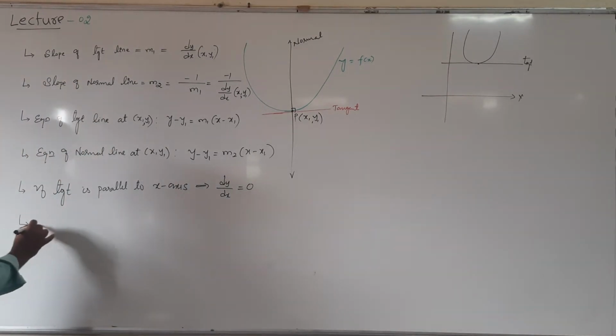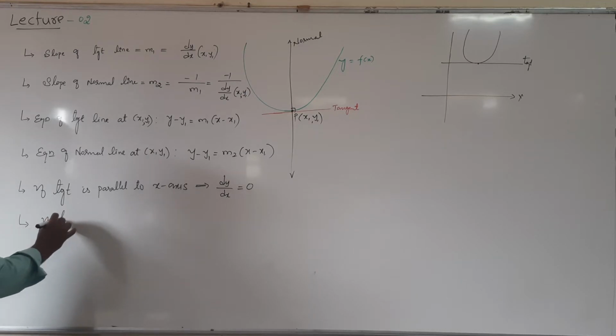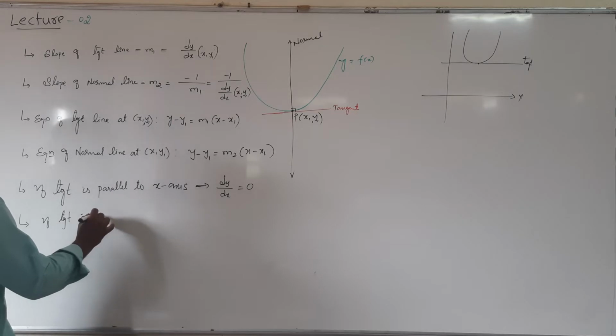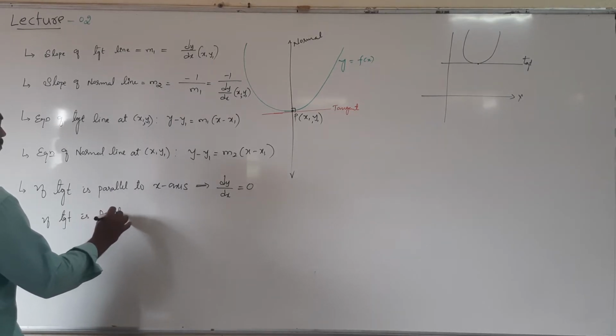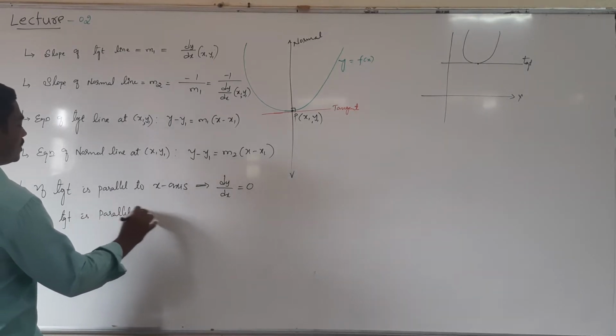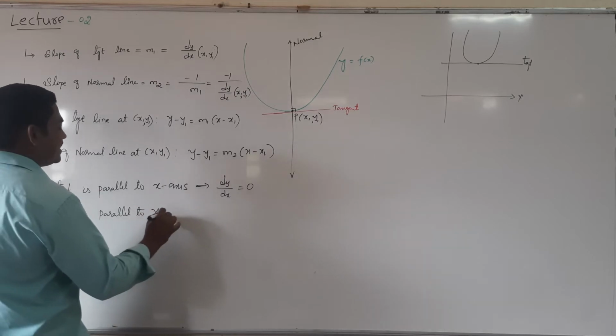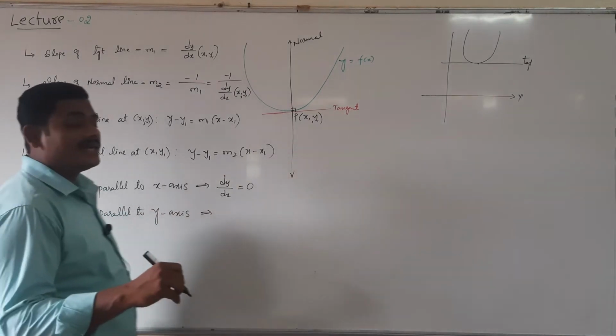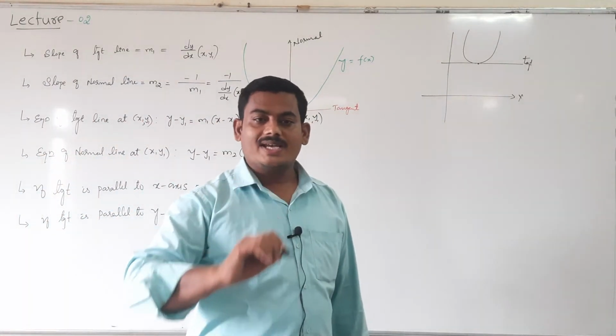One more point, if the tangent is parallel to the y-axis, a tangent line parallel to the y-axis means it is perpendicular to the x-axis only.